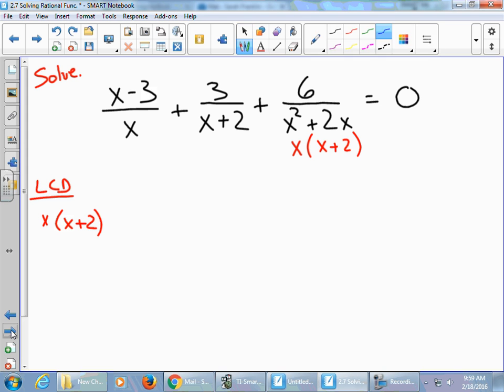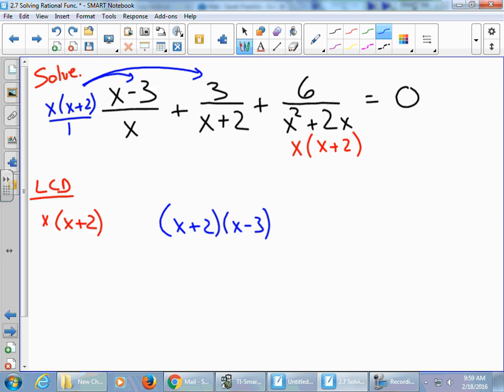So if I then took x plus 2 over 1, I mean, these can get more in depth. What happens when I do this times the first thing? I get x plus 2, x minus 3, that I would have to FOIL out. Those cancel, and I get plus 3x.